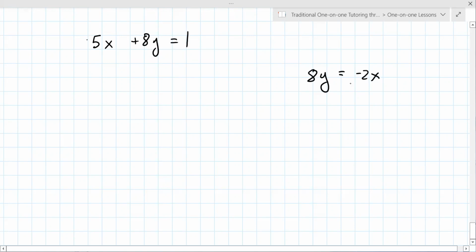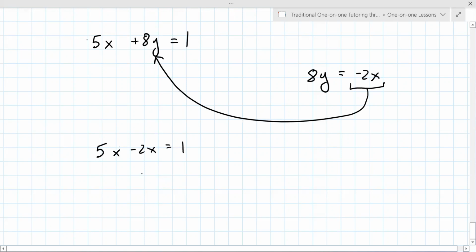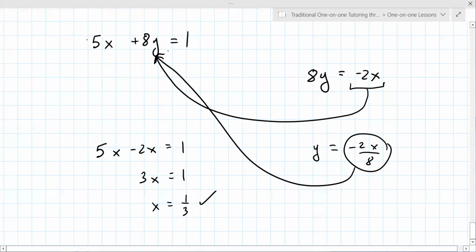It's way better if you just take that negative 2x and plug it in for 8y. And so you get 3x equals 1, divide by 3, x is 1/3. Rather than y is negative 2x over 8, and now you're plugging that in here. It works. It just doesn't create nice numbers; sometimes you can get some really bad fractions as a result of all that.